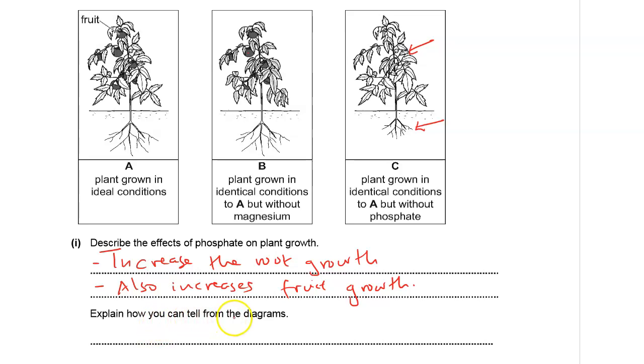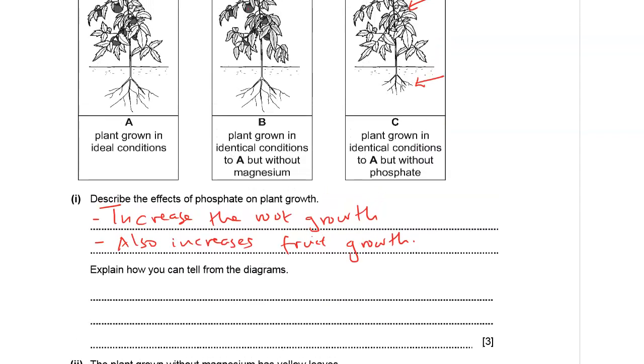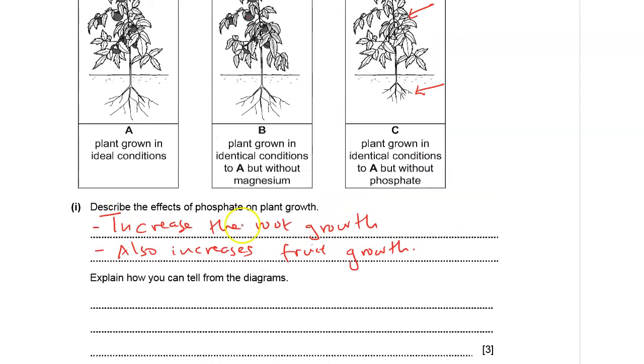Explain how you can tell from the diagram. Okay. When you look at the diagram, C does not have fruits, and the roots are underdeveloped.